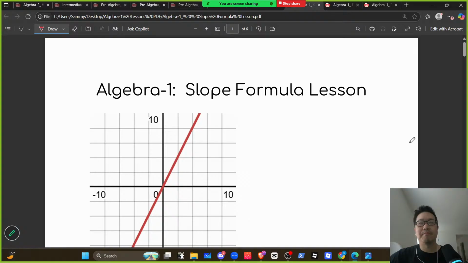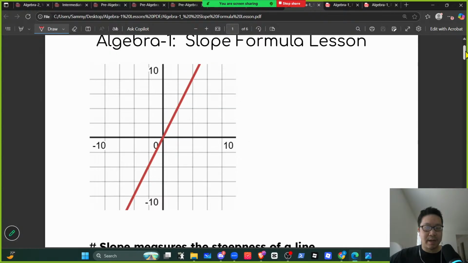Anything that's science related, even the social sciences like sociology, economics, psychology, in their advanced levels they study statistics, and anything having to do with statistics actually has a lot of slope involved as well. So you'll be surprised how often the concept of slope comes up.